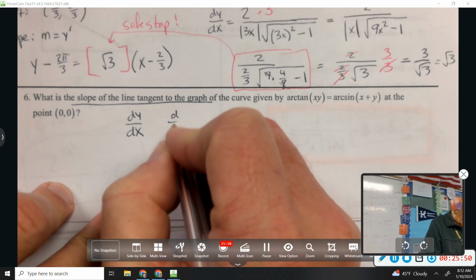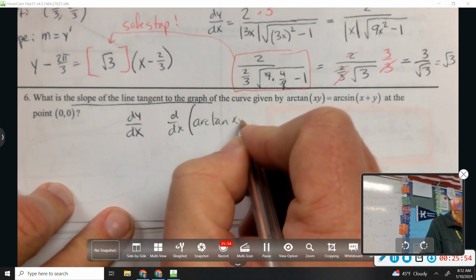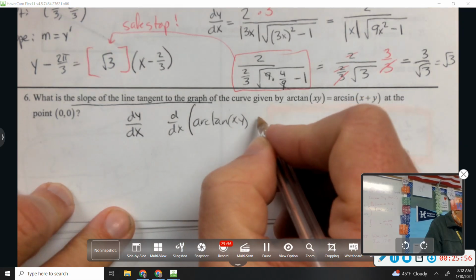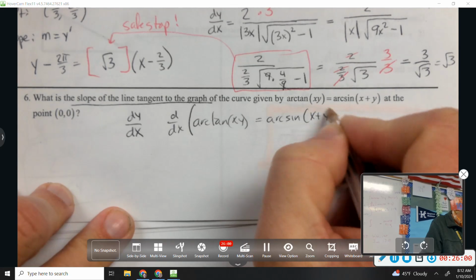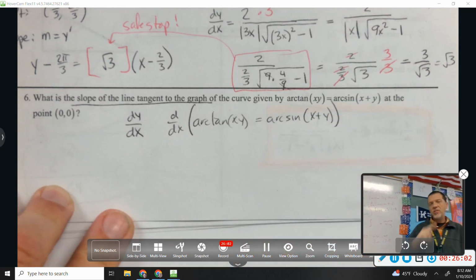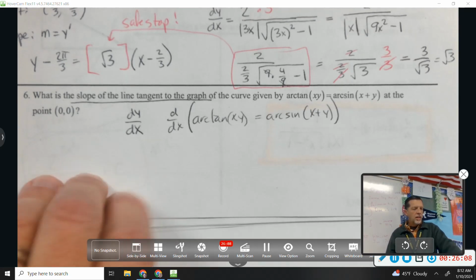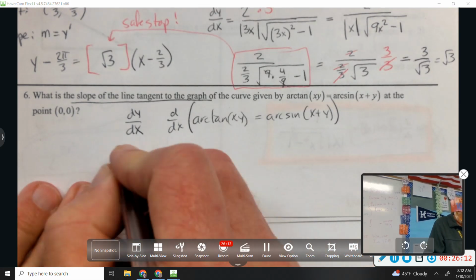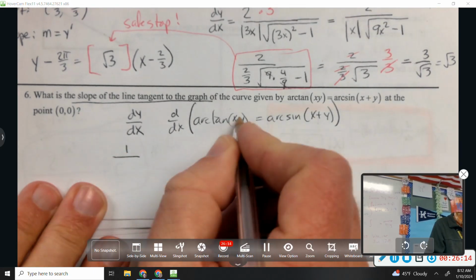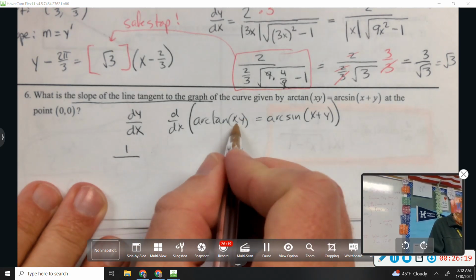Let me back up. We're going to take the derivative of all of this. So we're going to have chain rules and product rules and all sorts of things. So arctan is 1 over, I'm trying to start as far left as possible because I know I'm going to have chain rule things. 1 over argument squared plus 1.